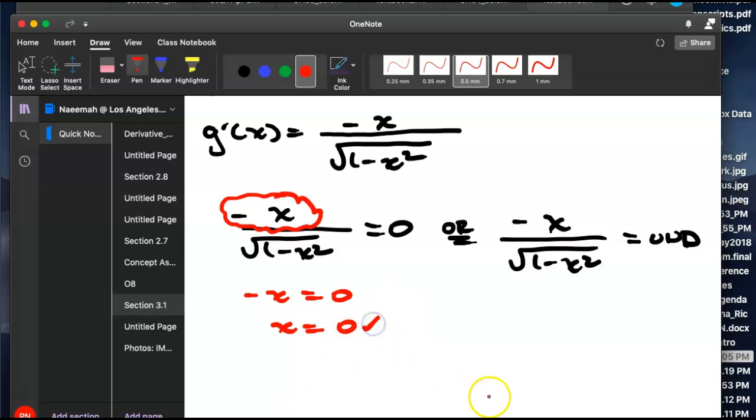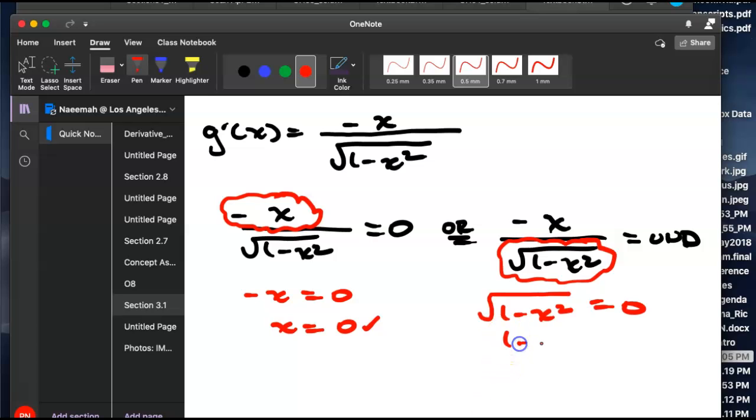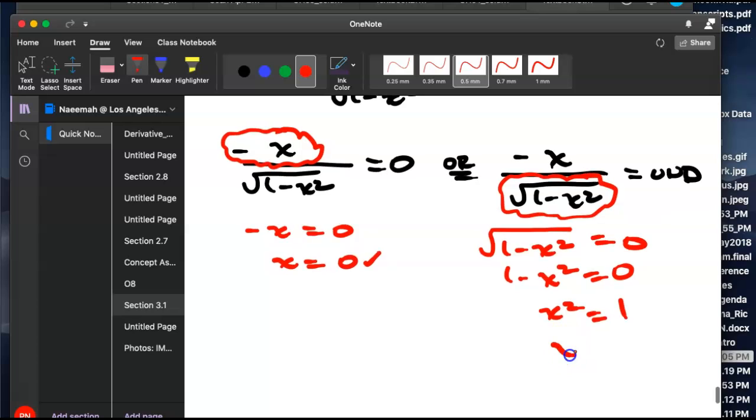So that's one value. The undefined case is when the denominator is 0, so when will the square root of 1 minus x squared equal 0? You could solve this by squaring both sides. You'll get 1 minus x squared equals 0. Bring the 1 over, divide by negative 1. x squared equals 1, and therefore x is plus or minus 1.